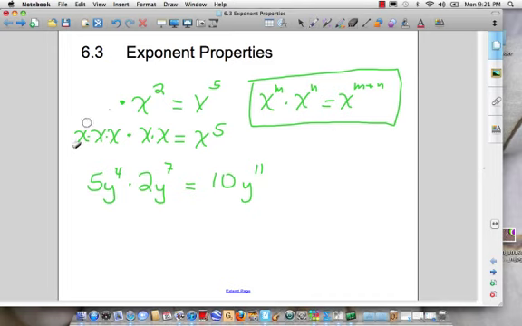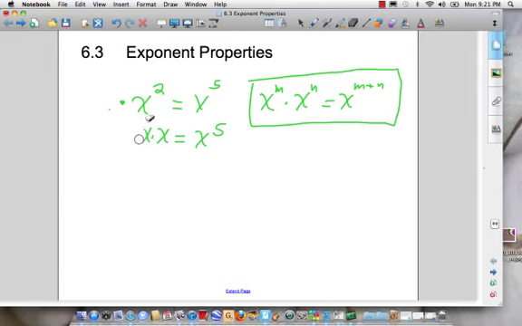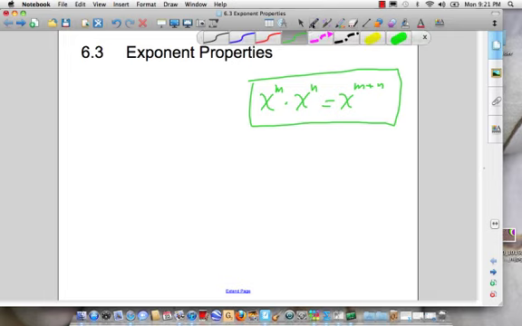All right, now let's clear that out because next we're going to look at another situation and you'll learn yet another exponent property. Okay, so suppose instead of x to the 3rd times x squared, suppose instead you were looking at the following.